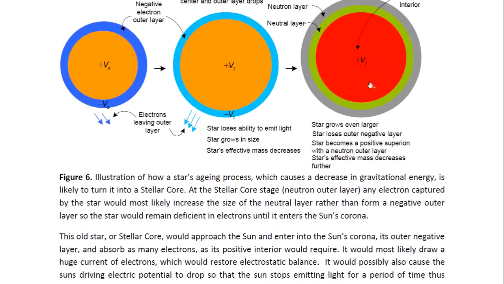So a stellar core would be even larger than an aging star, so it would be much larger than it was as a main sequence star. It would lose its negative layer, the star becomes a positive superion, develops a neutron outer layer, and its effective mass would decrease further.